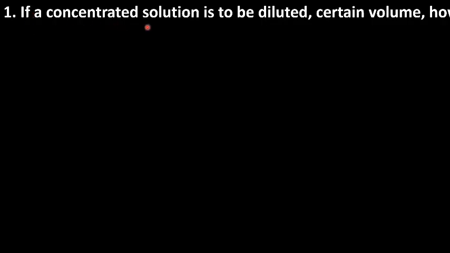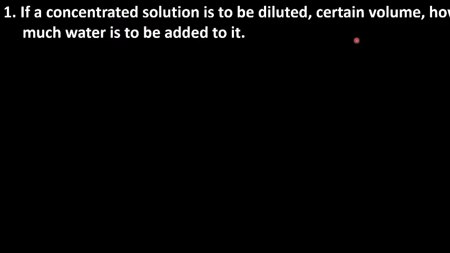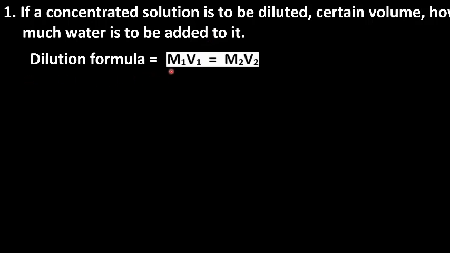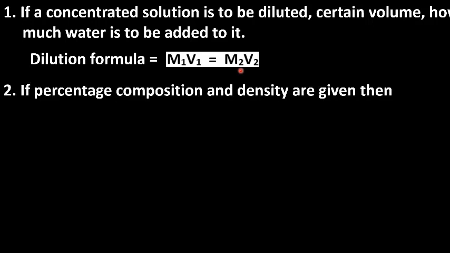If a concentrated solution is to be diluted to a certain volume, how much water is to be added to it? To find this, we have the dilution formula, M1V1 equals M2V2. M1 and V1 are the molarity and volume of the concentrated solution, and M2 and V2 are the molarity and volume of the diluted solution.